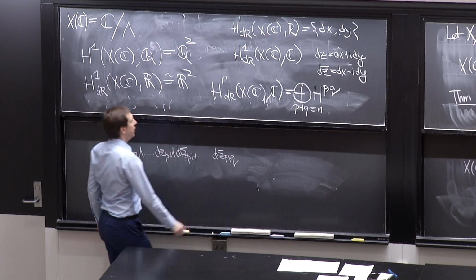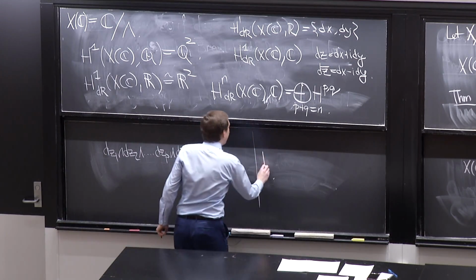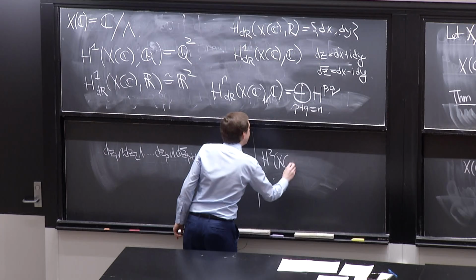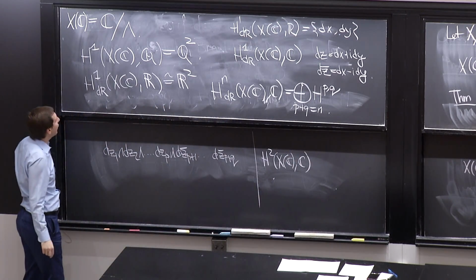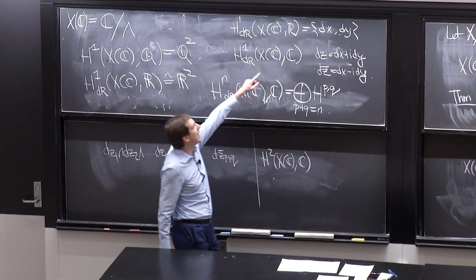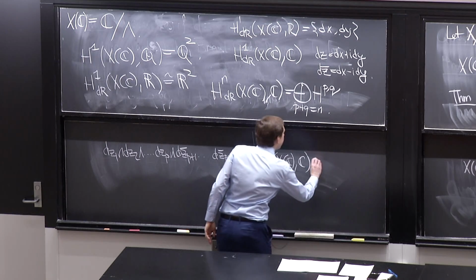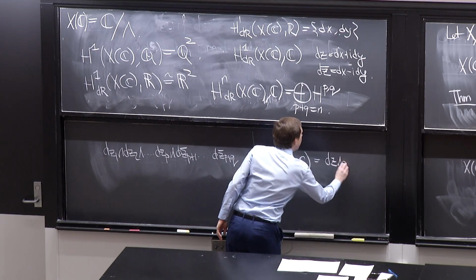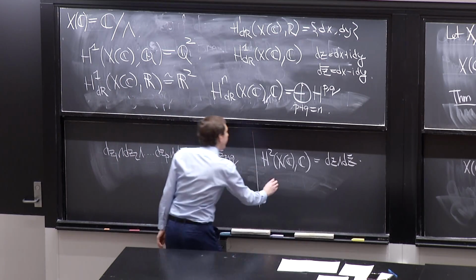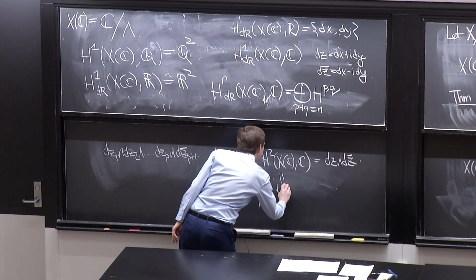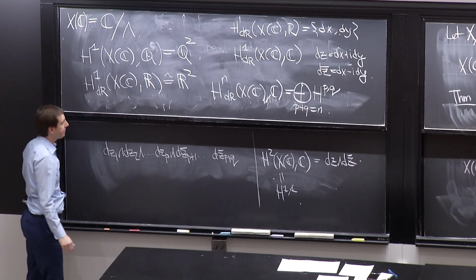Okay. So to give one example, if I take H2, again just of this torus, well, of course I can get it by taking dx wedge dy, but I can also take it in just the same variables as dz wedge d z-bar. So in fact, in this case, it's equal to H^{1,1}, and this is the decomposition.